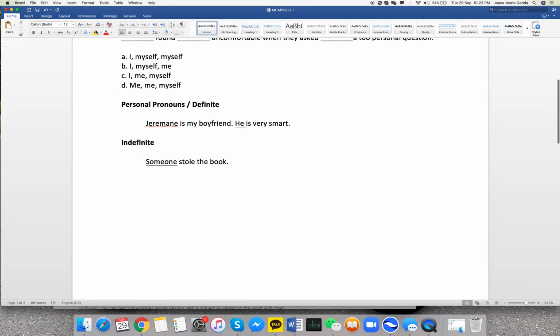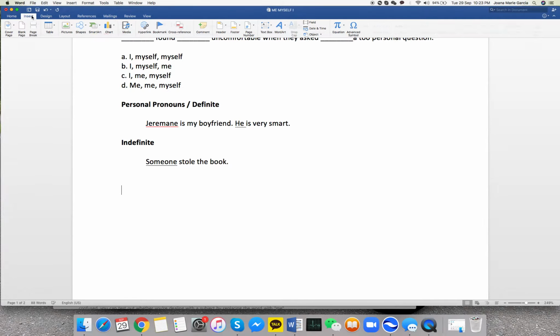Now, for personal pronouns, we have different kinds. We have subjective, objective, possessive, and reflexive.